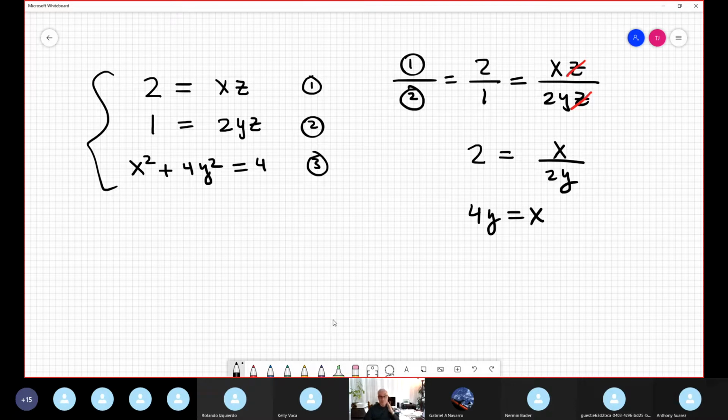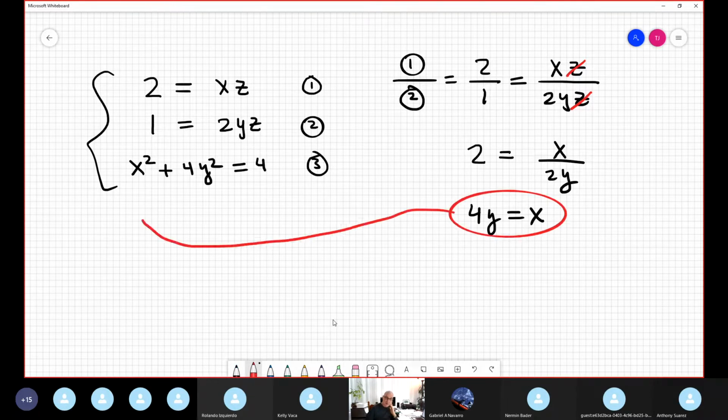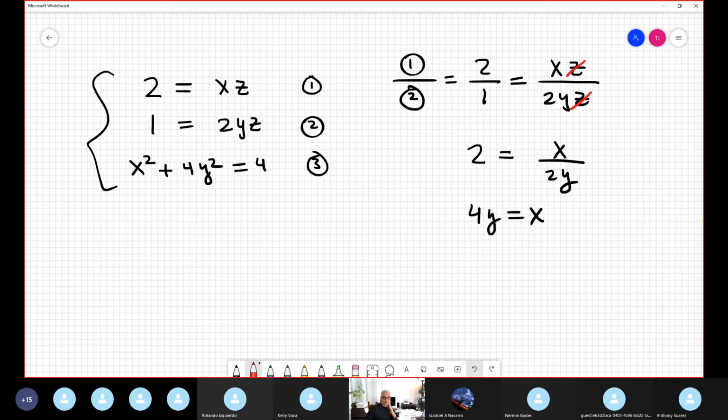Okay. Now I come back to this here. Substitute the x here. No x anymore. It's 4y squared plus 4y squared equal 4.